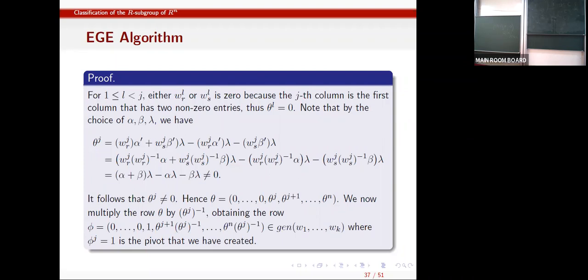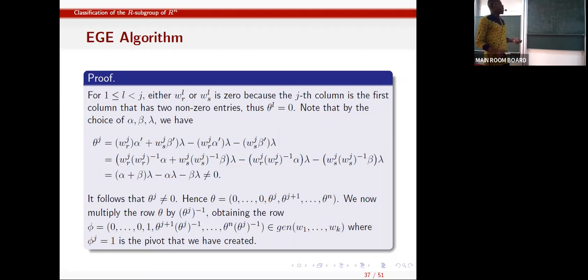So we see that theta L here will always be 0 if L is less than J. But then at the entry J, we can compute what theta J is. And theta J gives us exactly this quantity, which is non-zero.